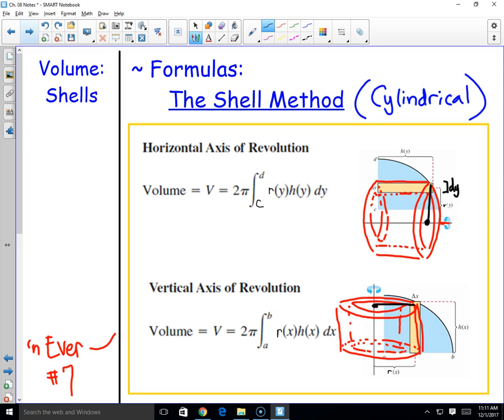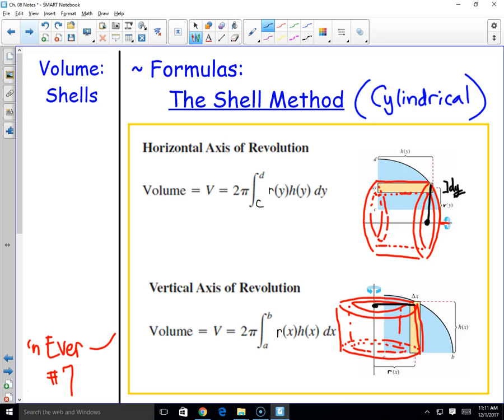The radius is still top minus bottom, but it needs to be in terms of what? Backwards discs and washers. Top and bottom for discs and washers are dx, everything in terms of x. The radius is going to be top minus bottom, and how am I going to get my height? Right minus left. In a way, it's backwards.